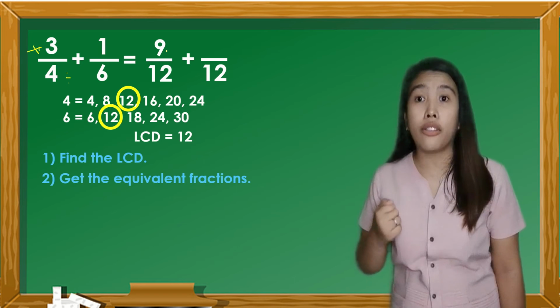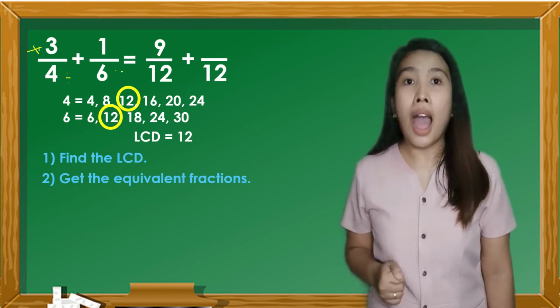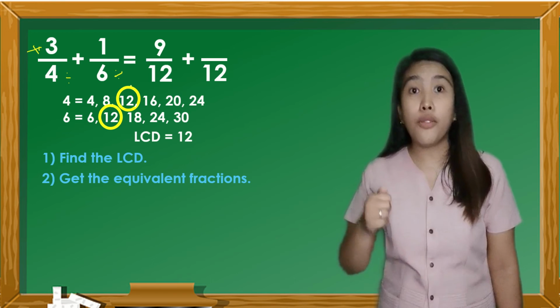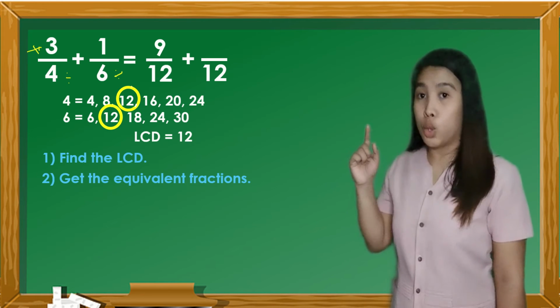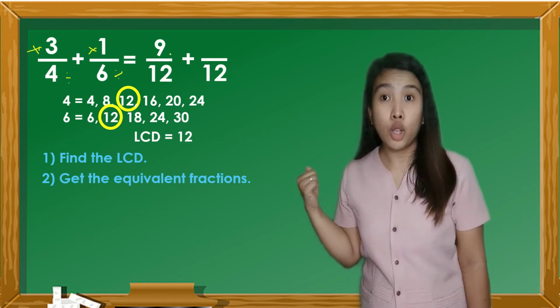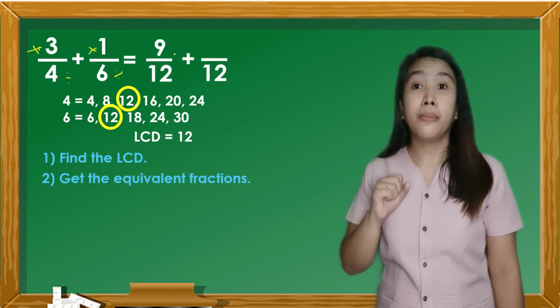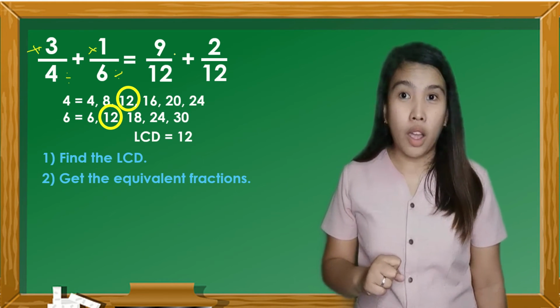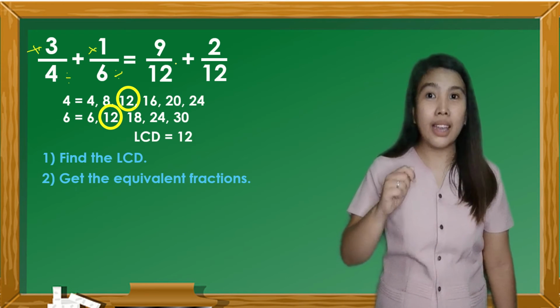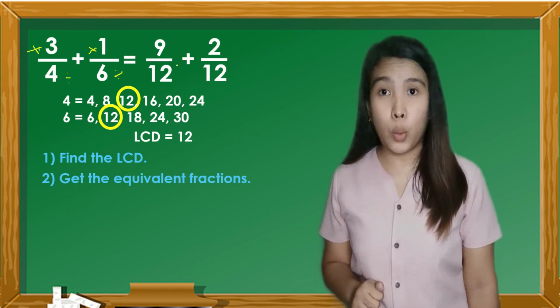The equivalent fraction of 3/4 is 9 over 12. Next, how about the equivalent fraction of 1/6? 12 divided by 6 is 2. 2 times 1 is 2. The equivalent fraction of 1/6 is 2 over 12.